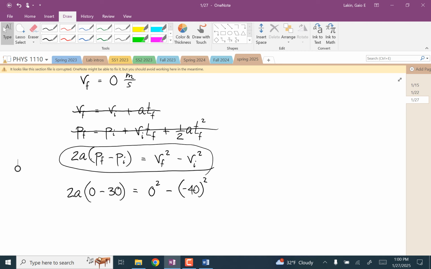So if I simplify this, we have 2 times a times negative 30 is equal to 0 minus negative 40 squared is positive 1600. So this comes out to be negative 1600.